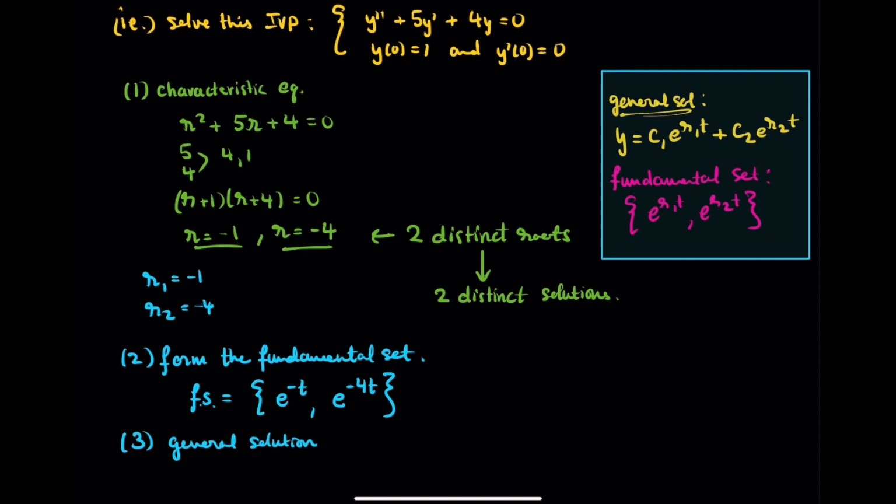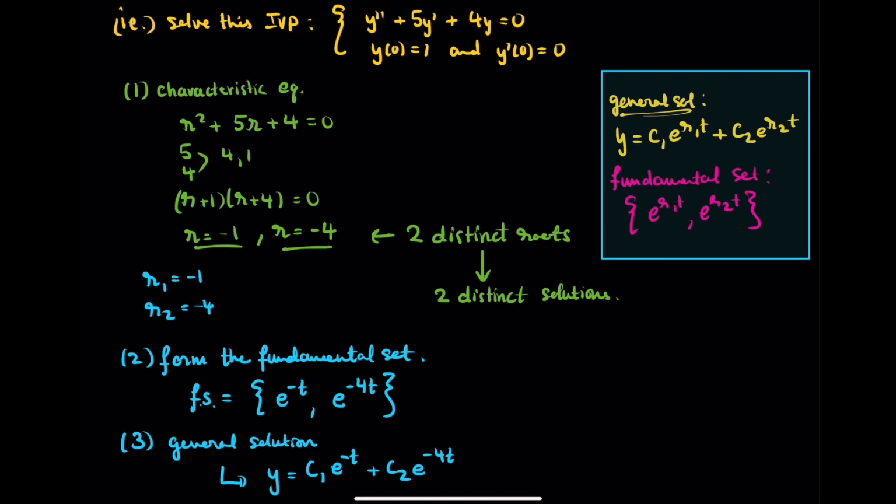The second and third steps are a bit redundant. Hopefully when you get comfortable, you won't have to write the fundamental set, but I'm doing this to drive it in. So the general solution is y equals c1 e to the minus t plus c2 e to the minus 4t.